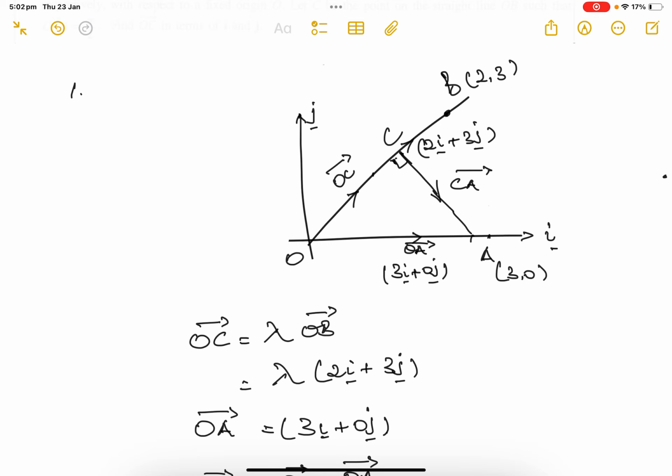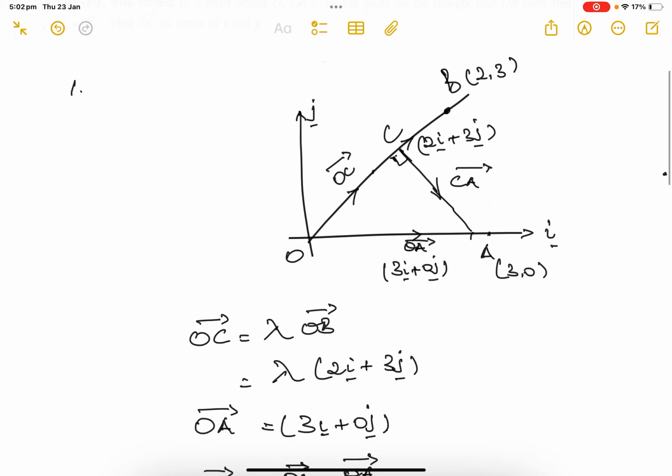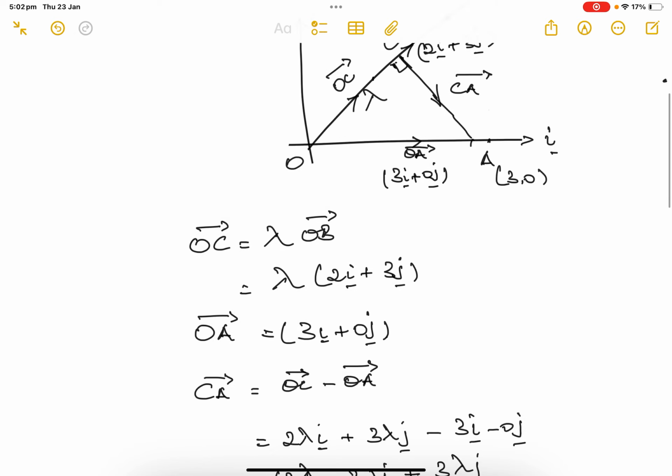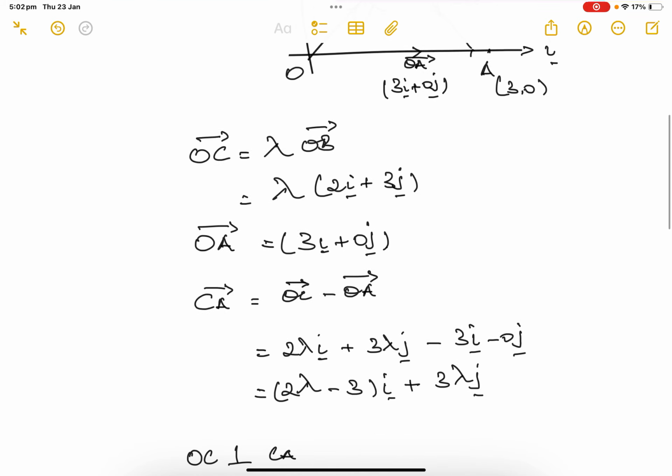So we say it's lambda times OB equals OC. Lambda is the fraction of OB, so the fraction of OB is OC. So vector OC equals lambda times vector OB. Therefore, vector OC is lambda times 2i plus 3j.